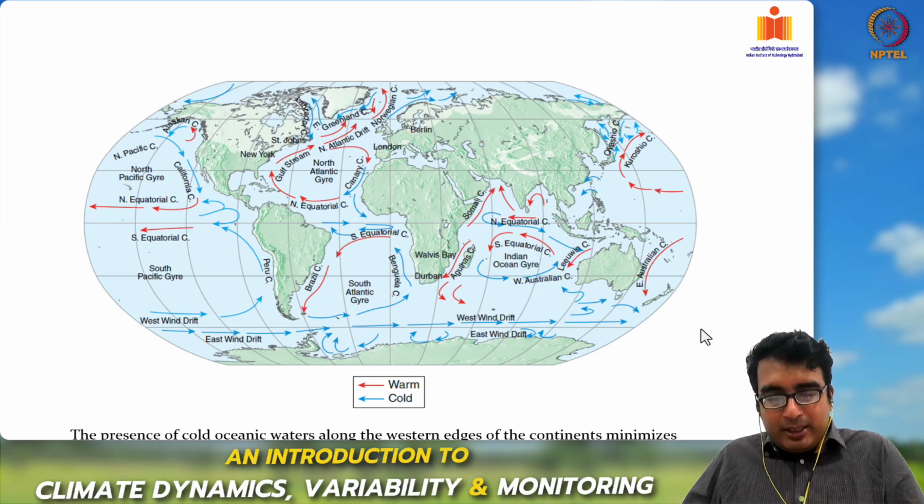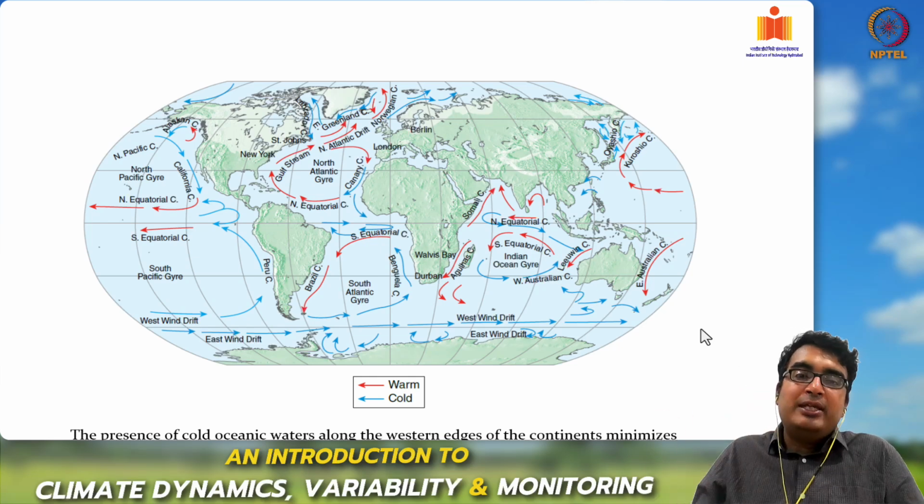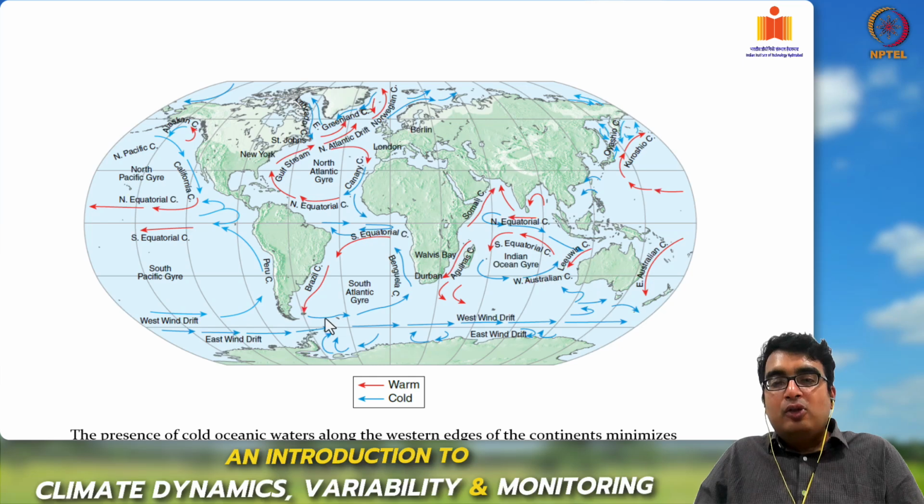These circulation systems drag the surface waters along with them, creating what are called oceanic gyres over North Atlantic, South Atlantic, North Pacific, South Pacific and Indian Oceans.